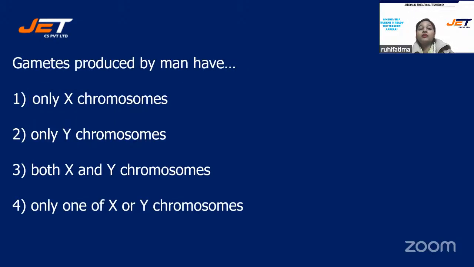Next question. Now, gametes produced by man have, and your options are number one, only X chromosome, option number two, only Y chromosome, option number three, both X and Y chromosome, or option number four, only one X or Y chromosome?